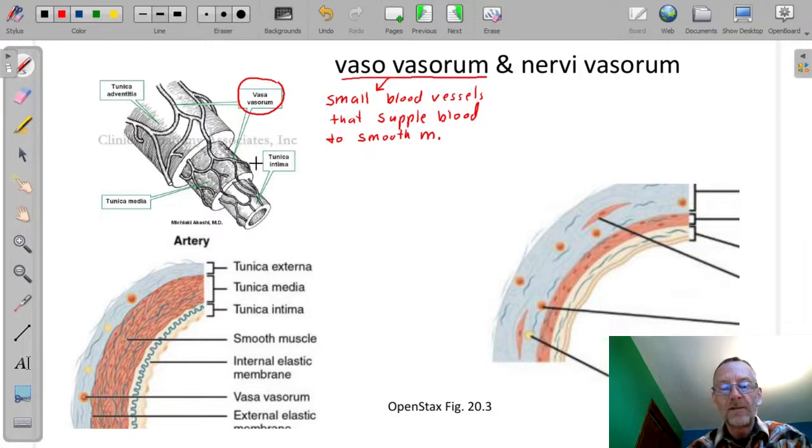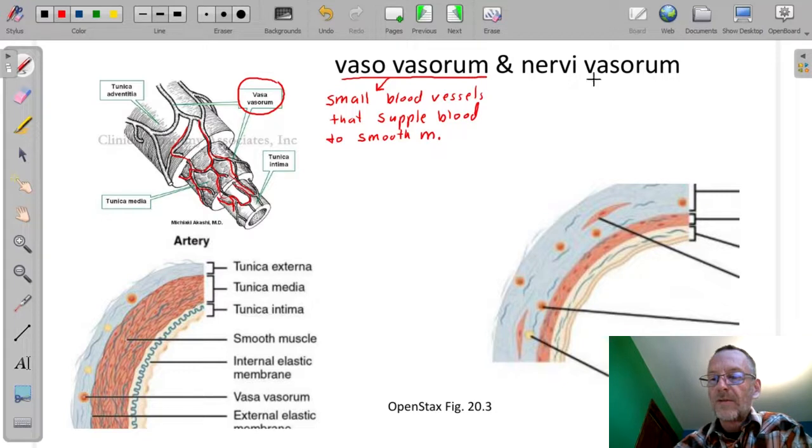And you can see these little blood vessels being represented in the diagram, going through and supplying oxygen and nutrients to the living cells of the blood vessels. And again, if we had a fresh cow aorta to look at, you can actually see the blood vessels. They come out through little holes in the arteries, and that's the vasa vasorum.